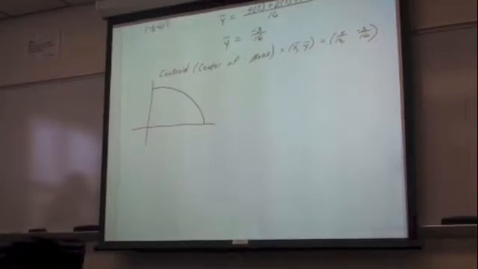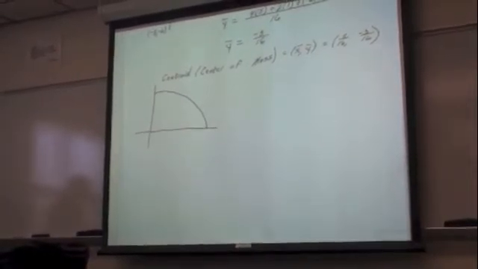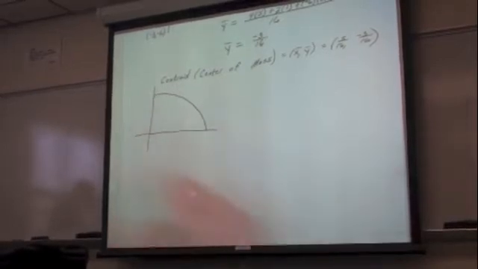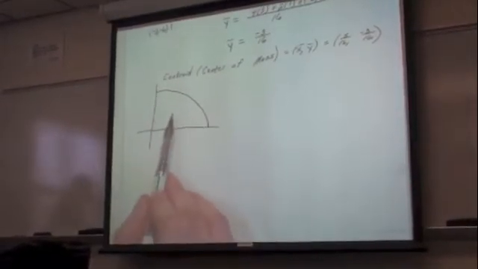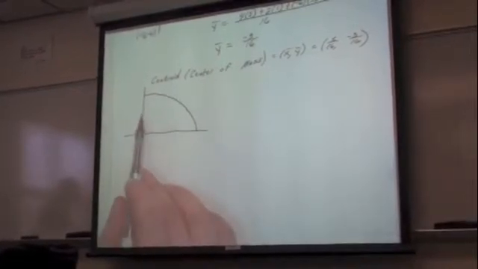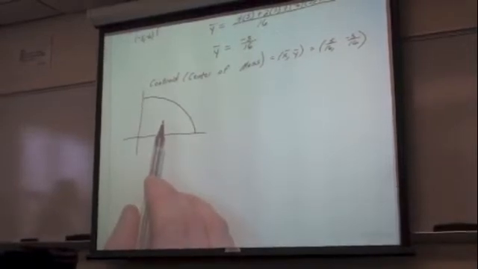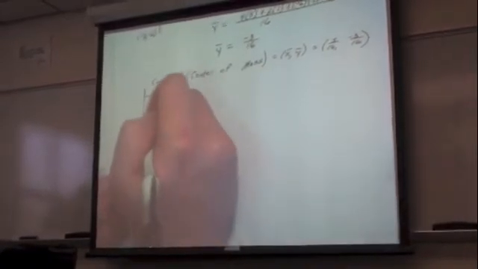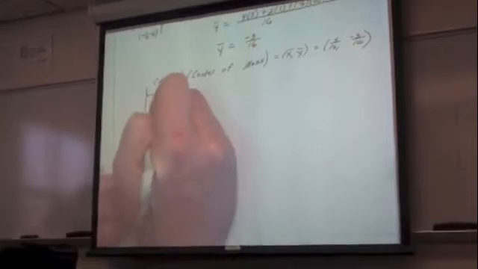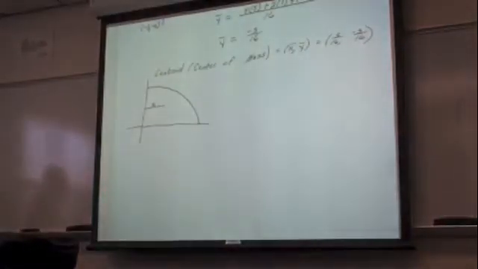So what if I had some generic function and I want to find the x bar, y bar of this region? Clearly if I just eyeballed it, I bet it's about right there. Well, the way I would get that is the average x value is always finding a distance from the y-axis. So by definition, x is the distance from the y-axis, and the weight each x value has.